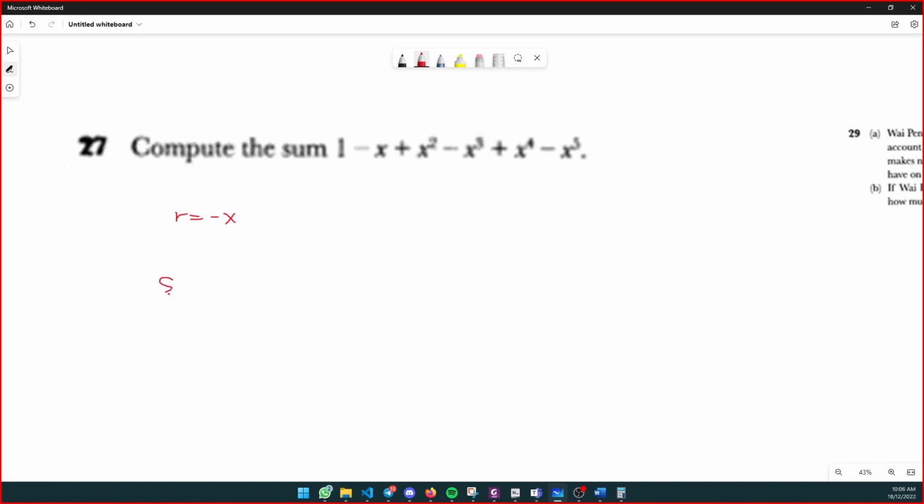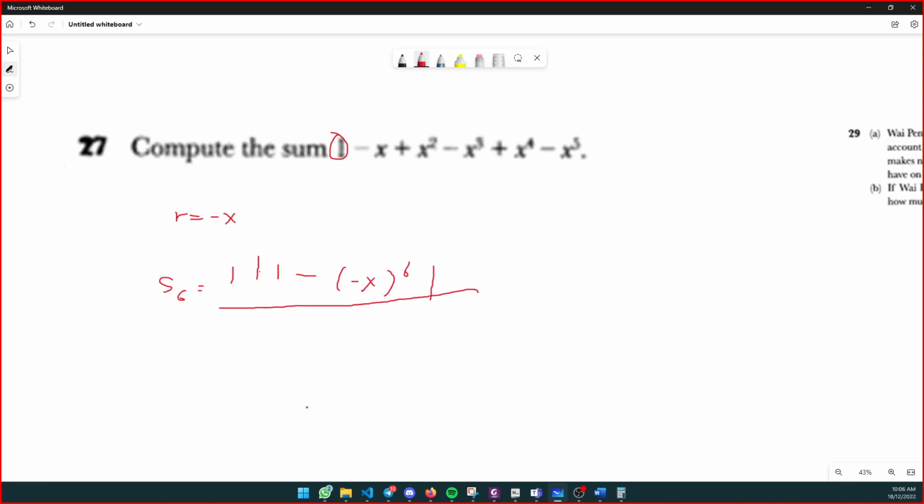So I want to say S6 equals, I know a is 1 because it starts from here. So 1 bracket 1 minus negative x, power of 6 outside, right?